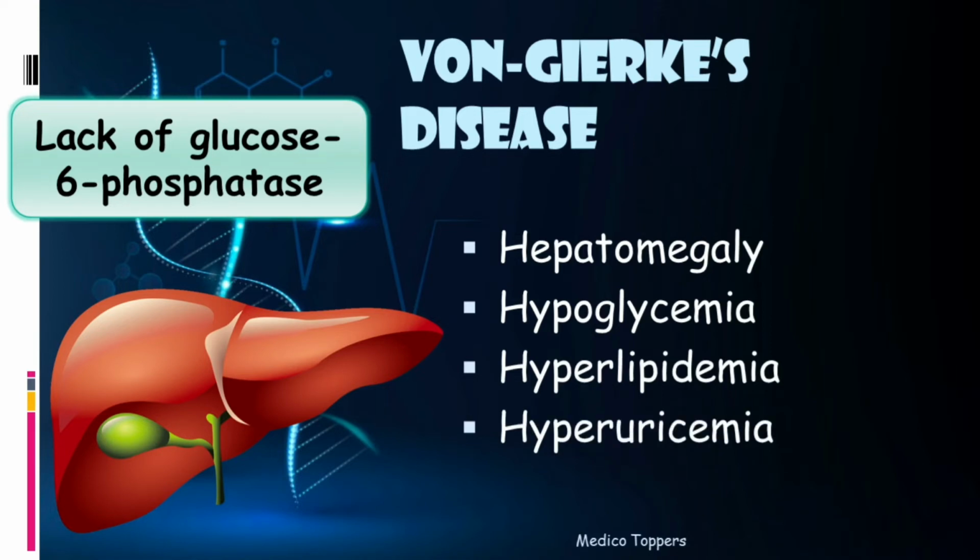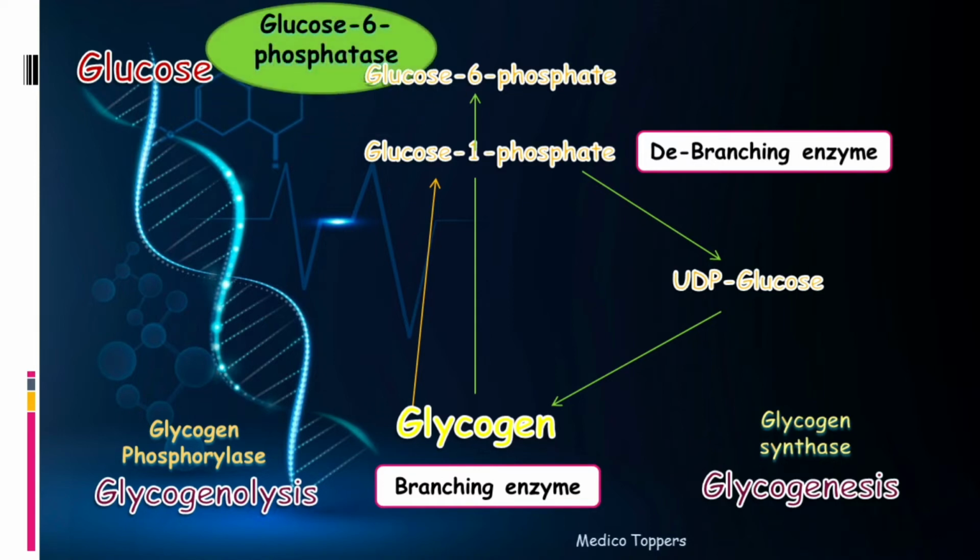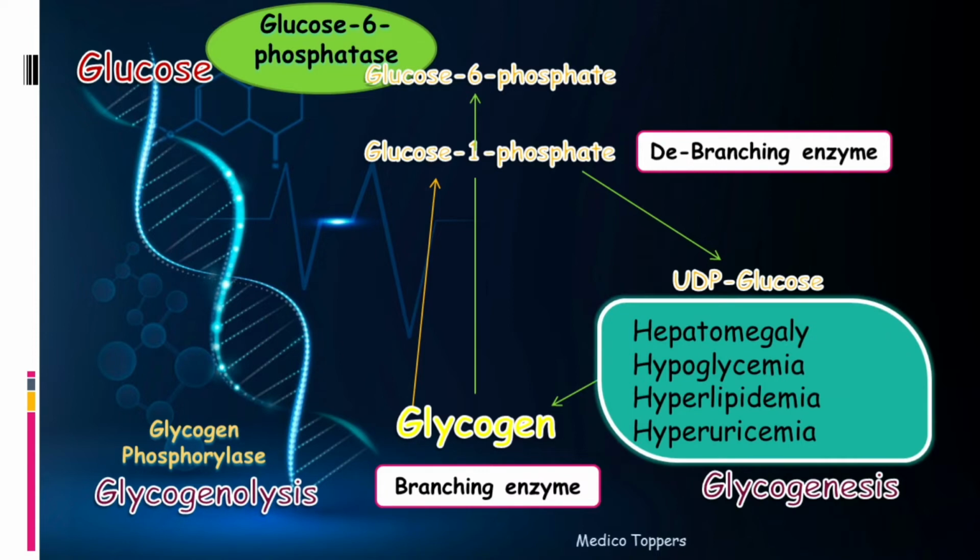Let me explain how it is happening. We all know very well the simple and brief mechanism of glycogen formation and glycogen breakage. Here there is a problem in glucose 6-phosphatase, and that is leading to these types of symptoms.